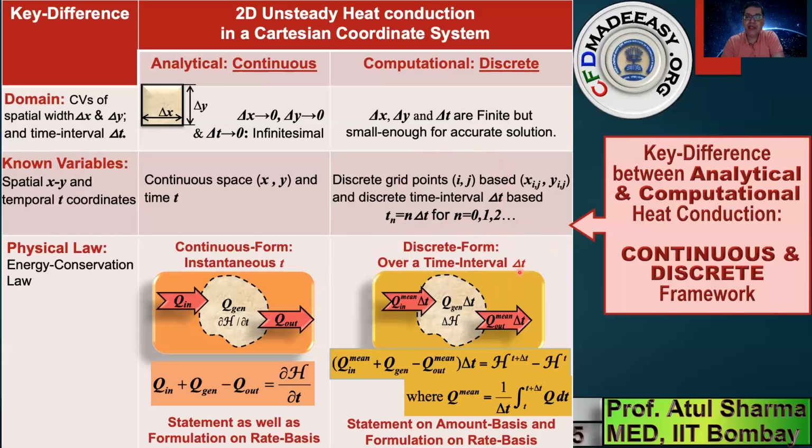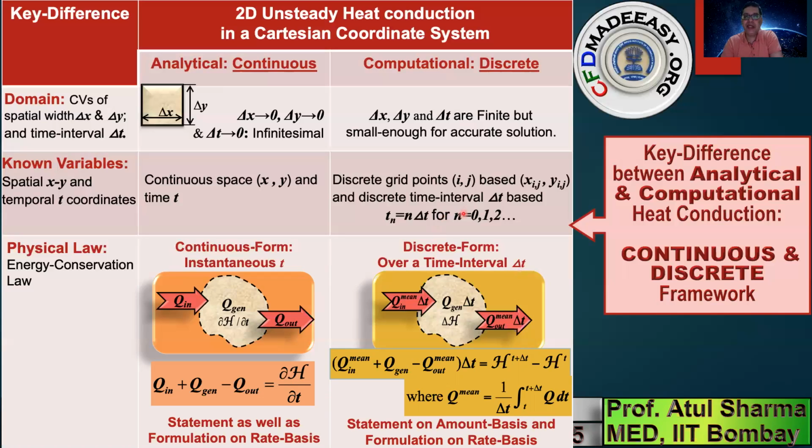I have mentioned that CFD is a subject where you create movies, where you get the second picture after a certain time interval. From the first picture of initial condition and boundary condition, you get a second picture after a certain time interval. Between two pictures there is always a time interval, for which I took an analogy with the frame rate of a video camera.